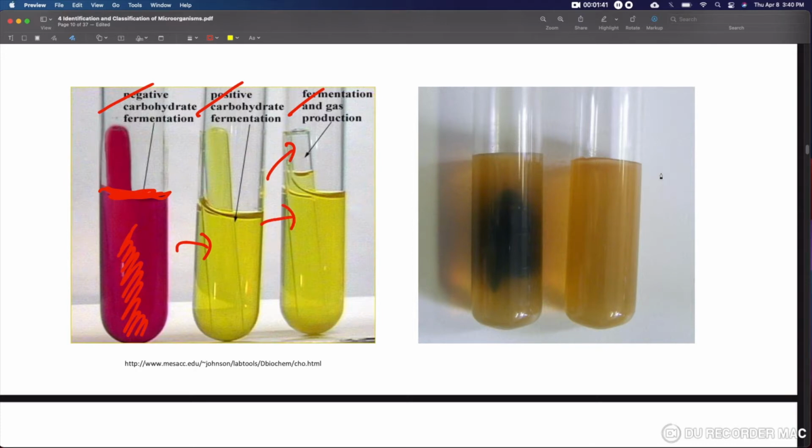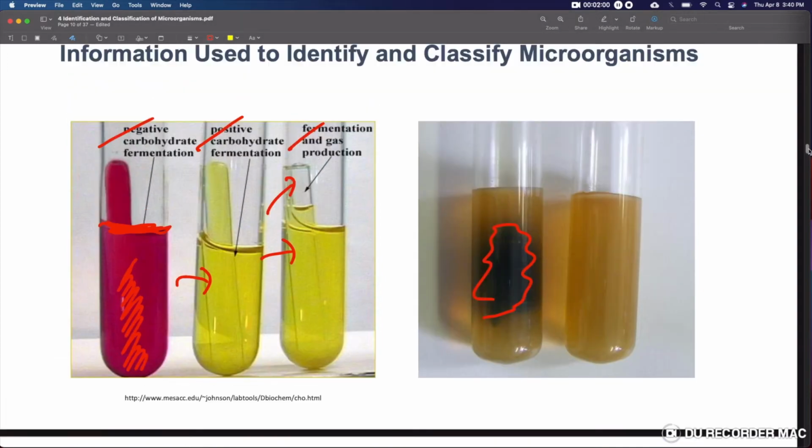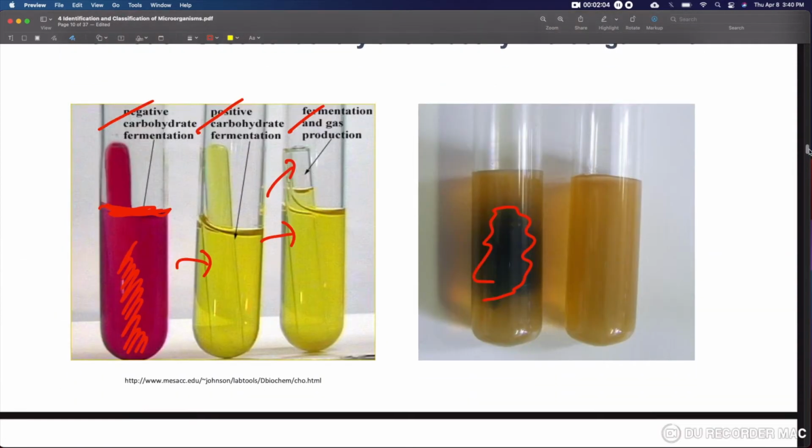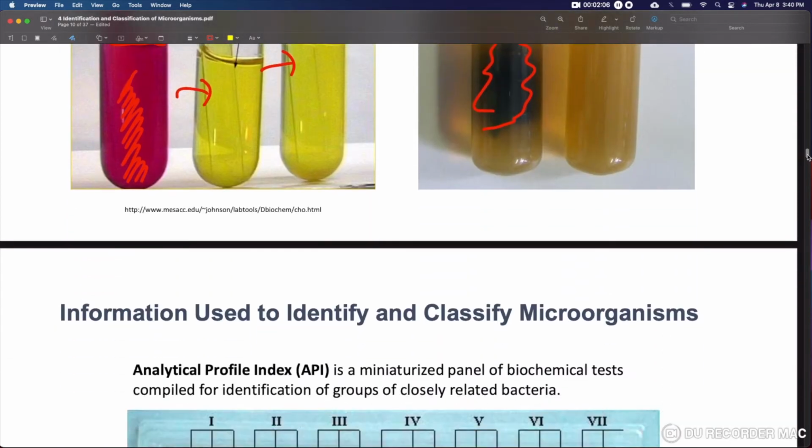It can also produce a certain black tinge or silver lining tinge on your substrate. We're looking for things like that for us to conclude if it has a positive or a negative reaction to that substrate, for example, in this case, your carbohydrate fermentation.